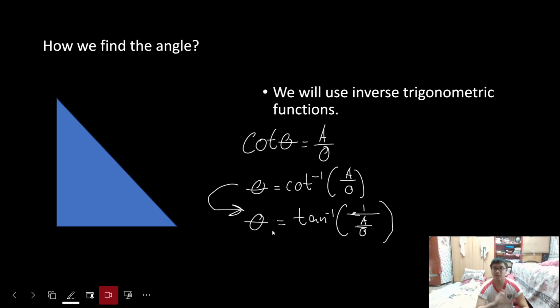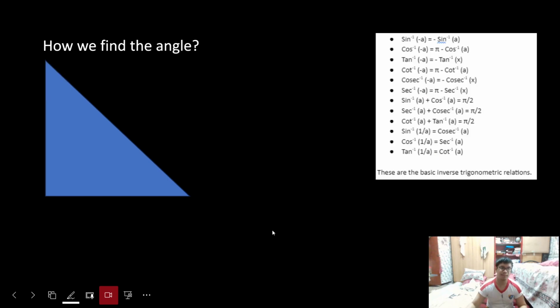Again, all of those inverse trigonometric functions we have should result in the same answer. Like, whatever the answer of arcsine is, that will also be the answer for the arccosine, arctangent, and the other inverse trigonometric functions. Remember that, okay?